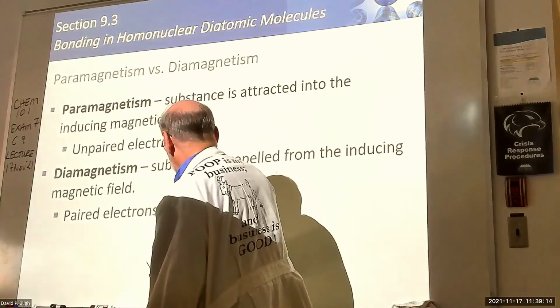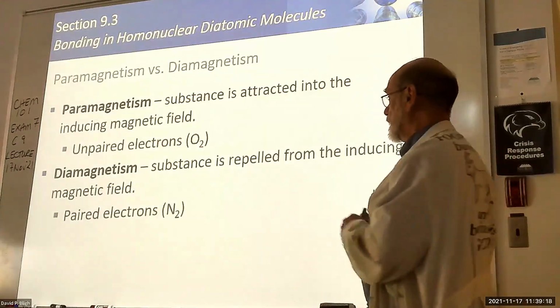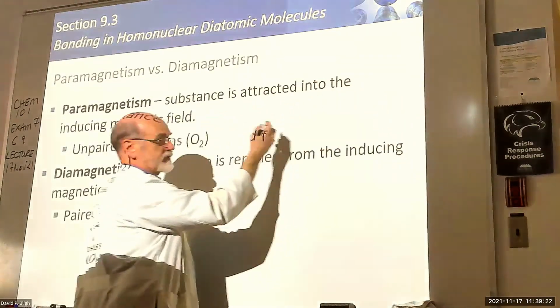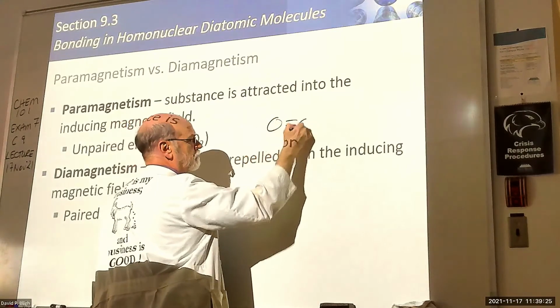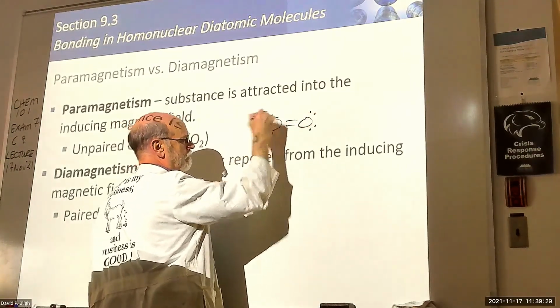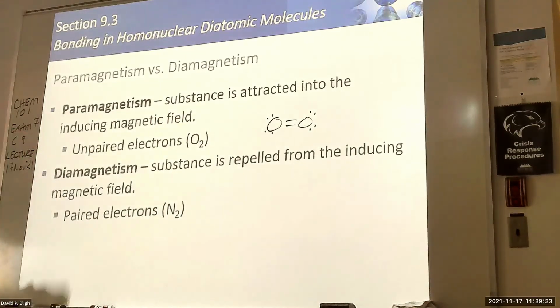Now, if we use the localized electron model to describe oxygen, we would see oxygen like this. So let me get on this side so I don't block it. Right? That's our Lewis dot structure. That implies that they're all paired, right?